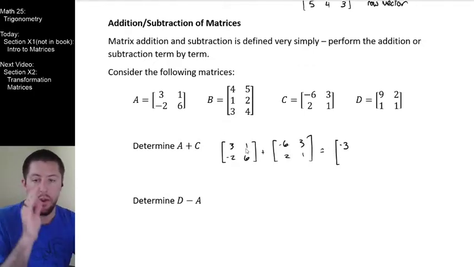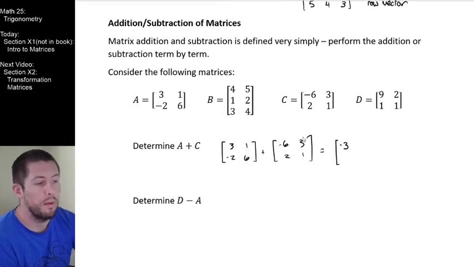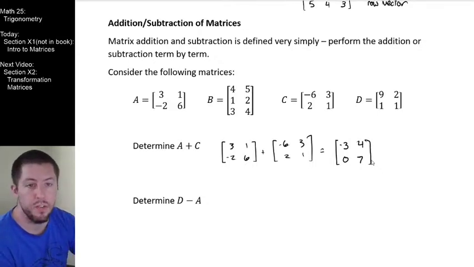So again, we're looking at terms that are in the same location relative to each other in the given matrix, performing the operation there. 1 plus 3 is going to give us 4. -2 and +2 is going to give us 0. 6 and 1 is going to give us 7. So there's our addition between two matrices.